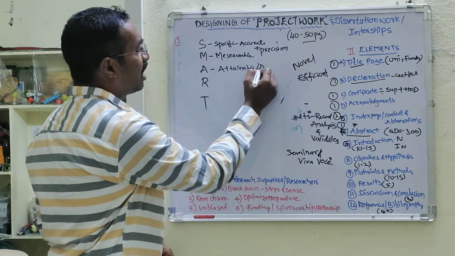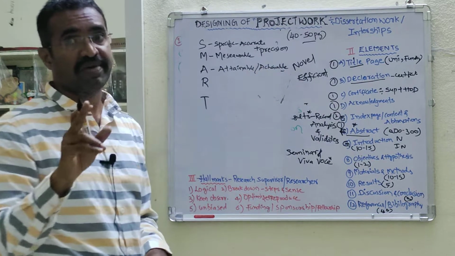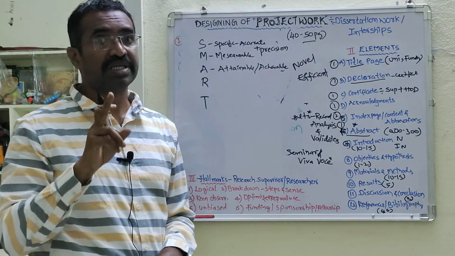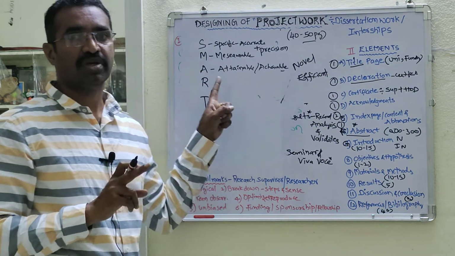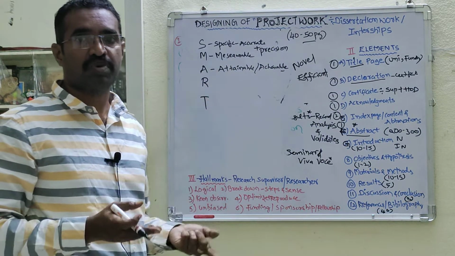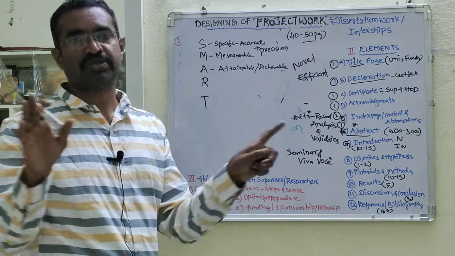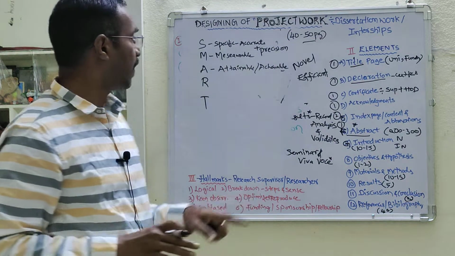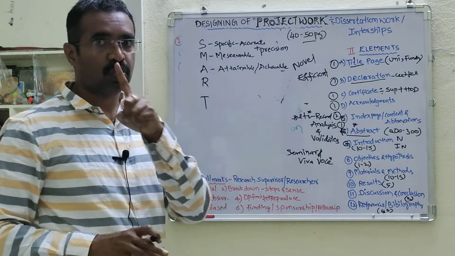Attainable or achievable, because you have to select an appropriate supervisor, mentor and laboratory according to your research problem. This is very important, because if you select the wrong problem, supervisor or laboratory, your project work is not going to run smoothly. So you have to look at whether it is attainable or achievable.